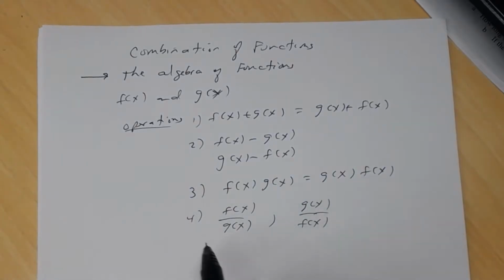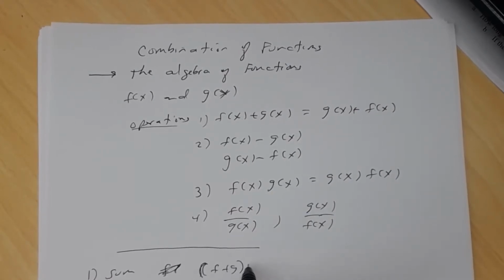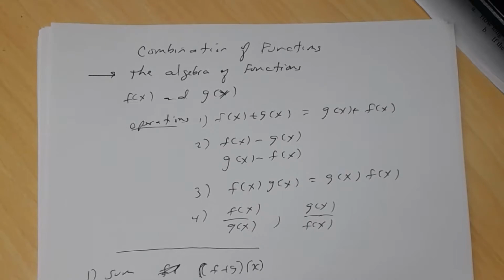Now here's the definition though, so this is how it's kind of going to look. Okay, so let's talk about the sum. So the directions will say something like parentheses, f plus g at x. You read this as f plus g at x.